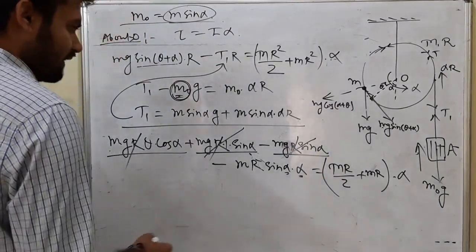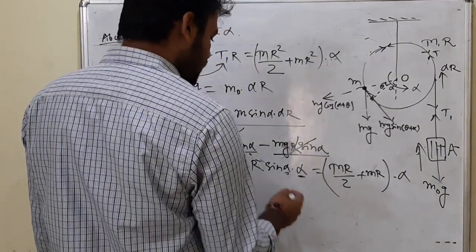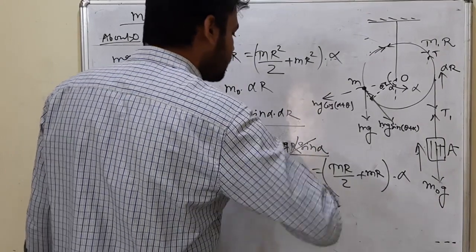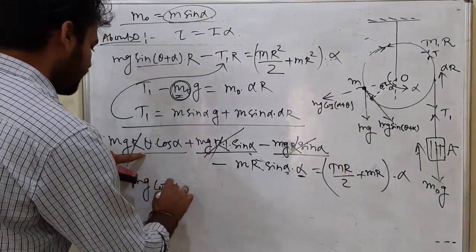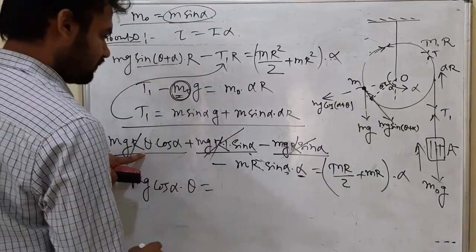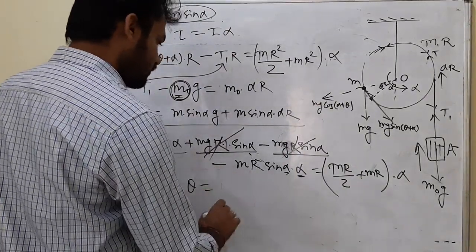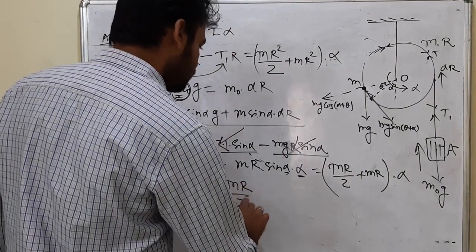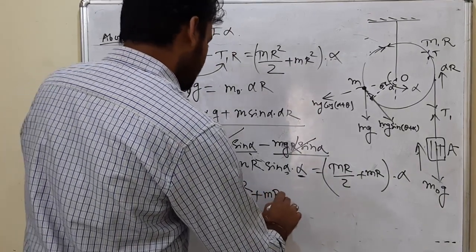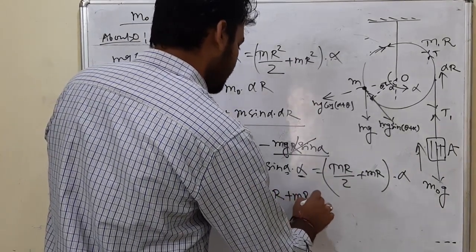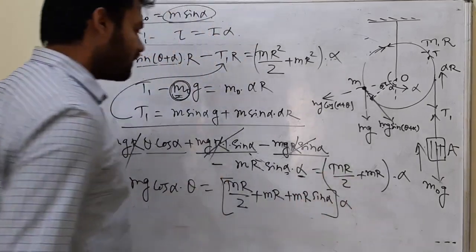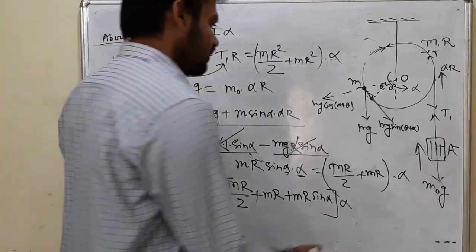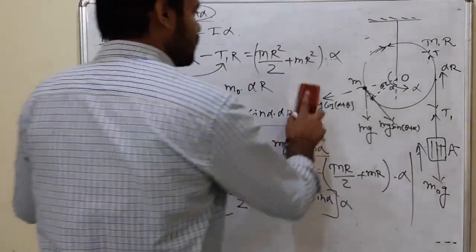This term contains alpha, so I must shift it to the right side. So it becomes mg cos alpha times theta equals mr by 2 plus small mr into sin alpha, and outside of the bracket it will be the angular acceleration.